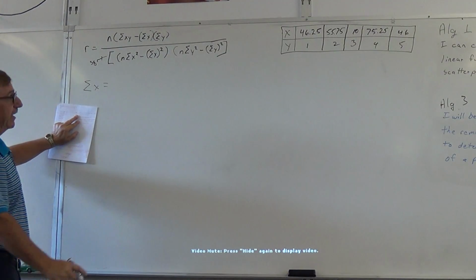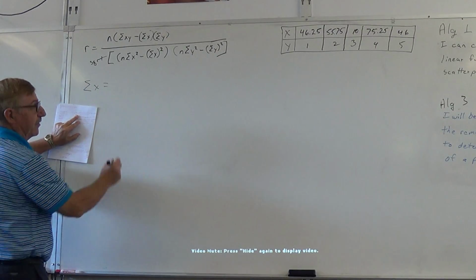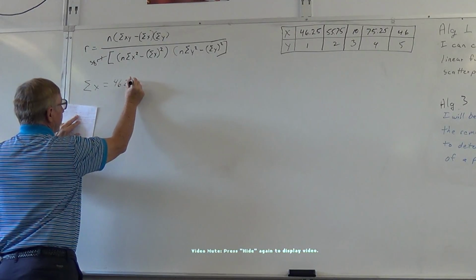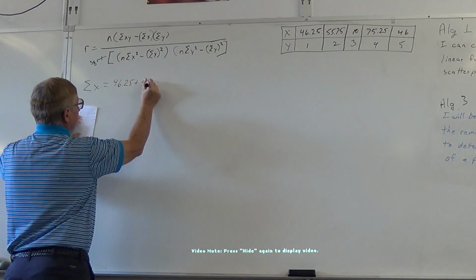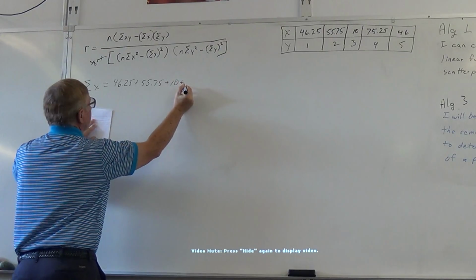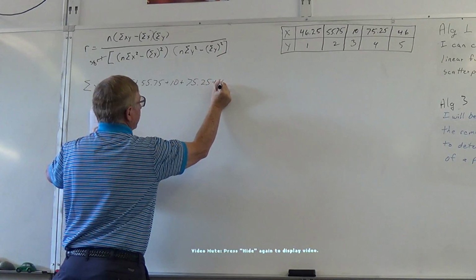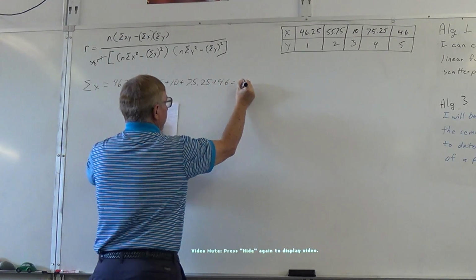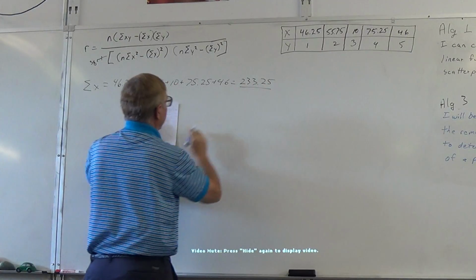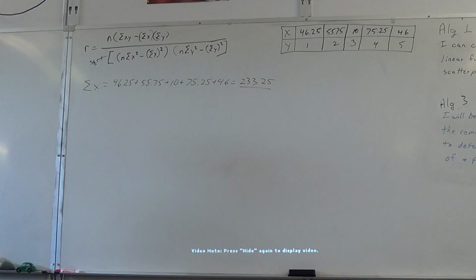The summation of x is all your x values added together. Okay, so the summation of x is 233.25.